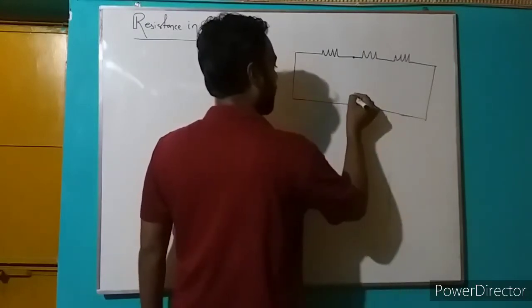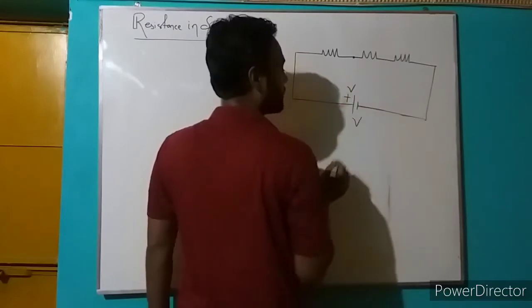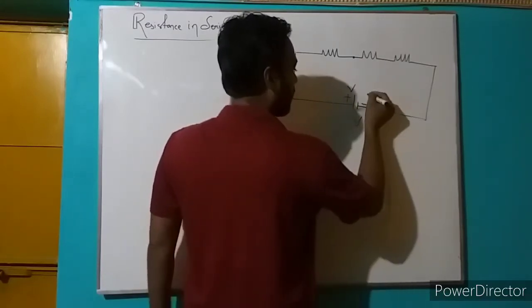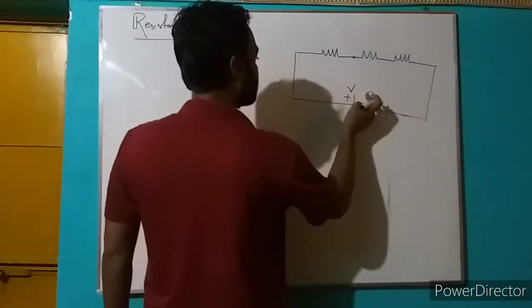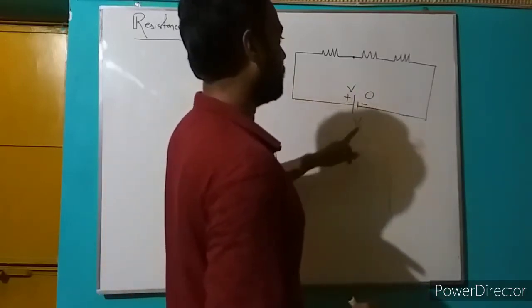That means the high terminal has plus and is denoted as V volt, and the lower terminal is negative and is denoted as 0, so the potential difference between them is V minus 0 equal to V volt.